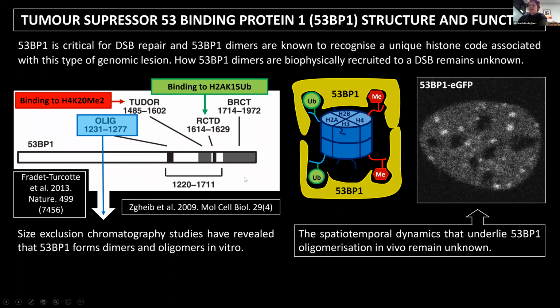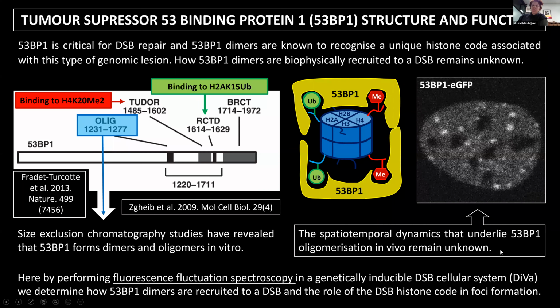So we wanted to investigate the spatiotemporal dynamics of 53BP1 dimer recruitment to these double-strand break sites that can occur anywhere within the genome. And to do this, we use fluorescence fluctuation spectroscopy. So we use this pair correlation analysis that I've just described, but we also couple it with something called moment analysis, which is also fluorescence fluctuation spectroscopy, that enables us to identify where the 53BP1 dimers are versus monomers.